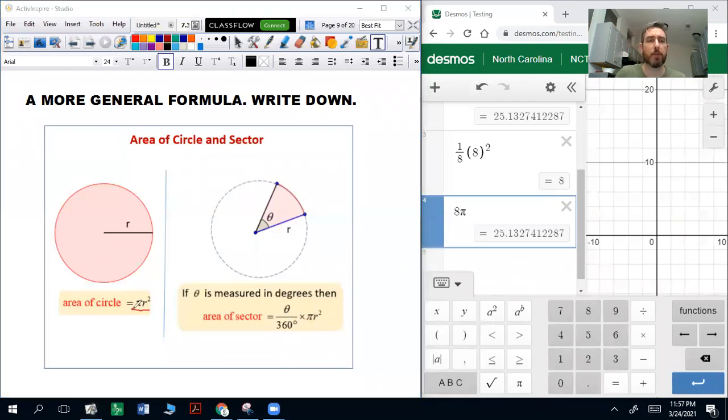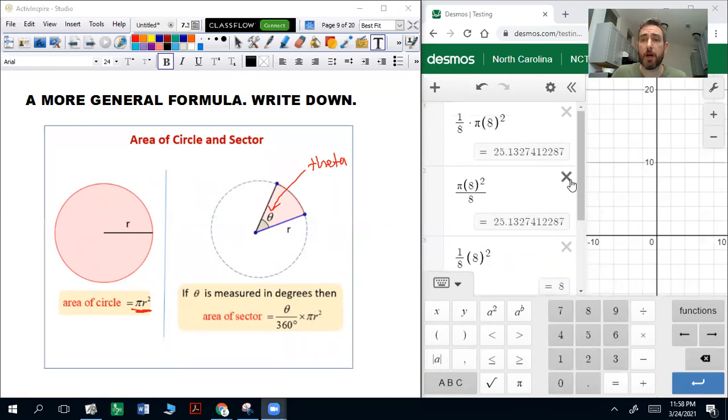So you know your formula is pi r squared. Whatever your angle is, usually it's marked by this symbol. This symbol is called theta, but it just stands for angles in circles typically. So it's that number divided by 360 times the area of the circle, which is pi r squared. So let's think about it in terms of our previous problem, right?